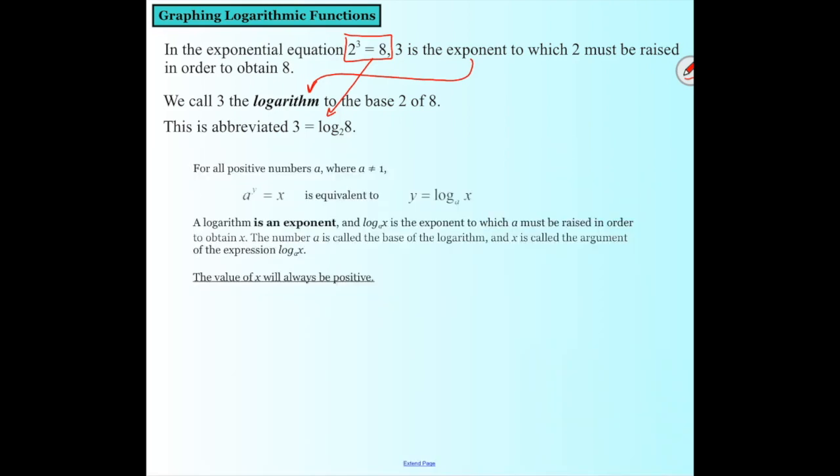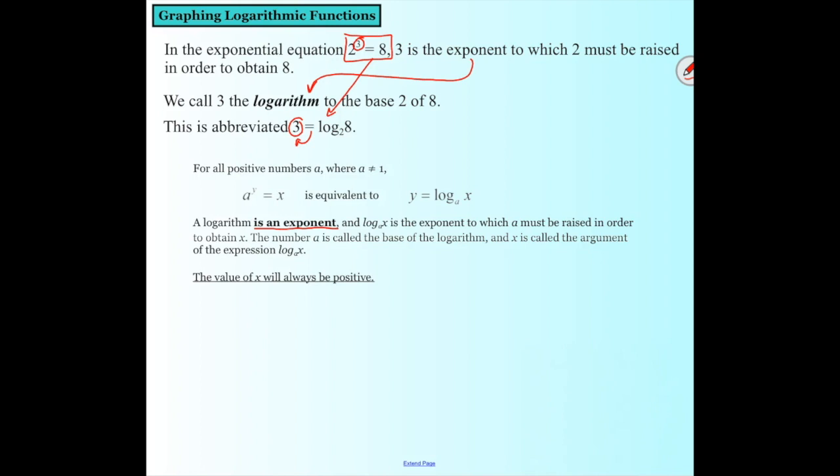So I'm going to put the definition right here, which we'll read through in a second. But the big thing here, and it's bolded, is that whenever you hear logarithm, you want to know that a logarithm is an exponent. As you see, the 3 is our exponent in the exponential form. The log equals the exponent in log form.